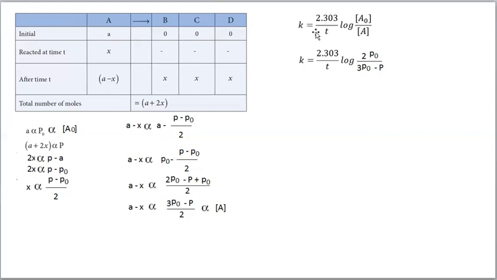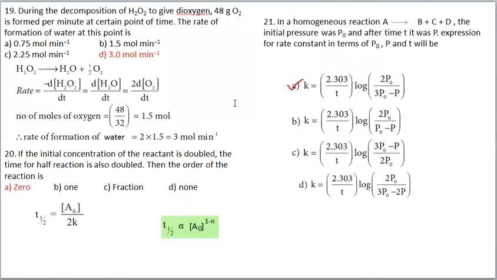So K is equal to 2.303 by T log A0 by A. Here A0 is P0, and the concentration of A is this value. We can substitute here. A means it is a fraction, so we write the reciprocal here. So we will get 2P0 by 3P0 minus P. This is option A.